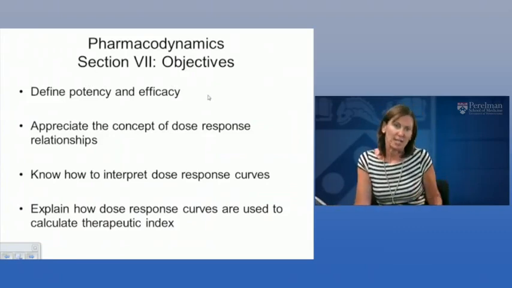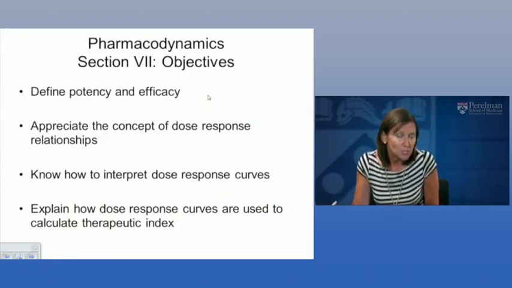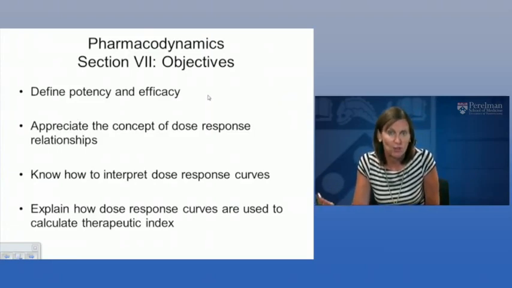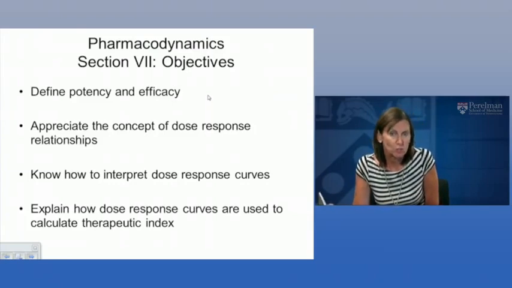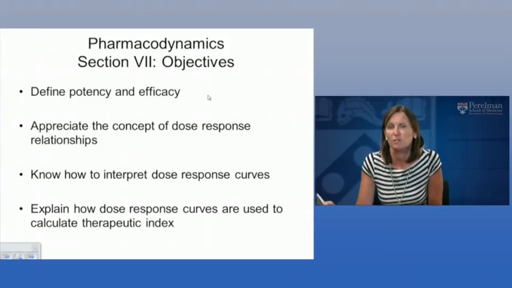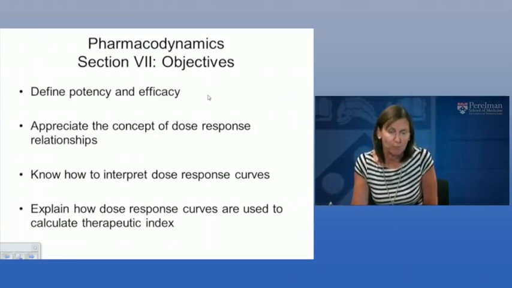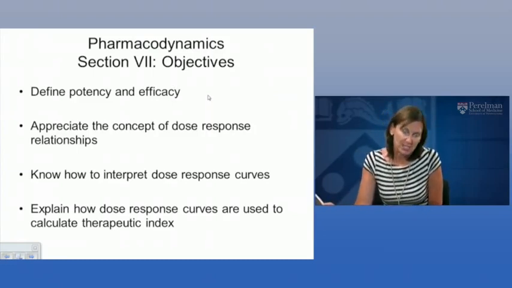So let's finish section 8 by revisiting what I hope to try and address. We've defined potency and efficacy, and I hope you're able to reiterate what those definitions are. We've explained the concept of dose-response relationships and how we interpret dose-response curves, specifically paying attention to the efficacy being represented as the Emax and the potency being represented as the EC50.